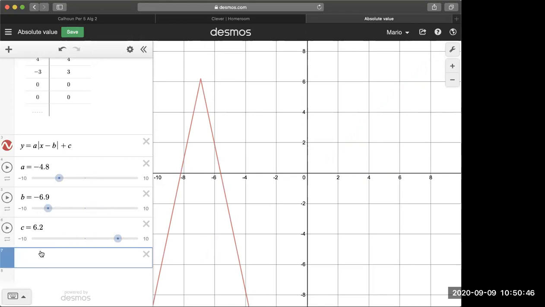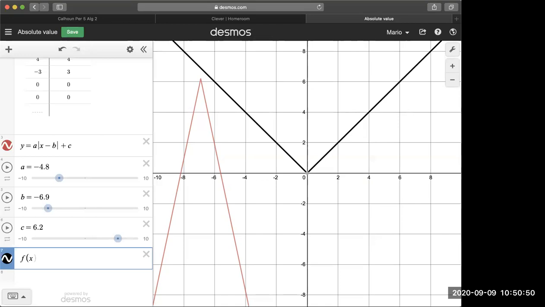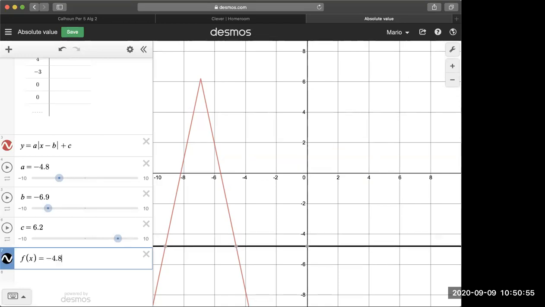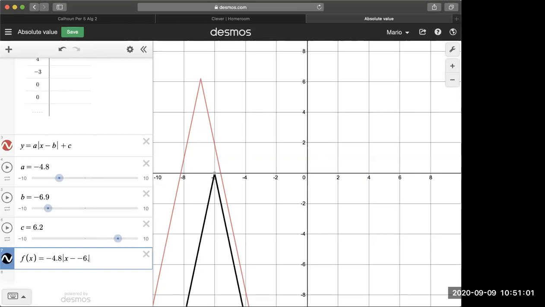Literally, you get the exact same thing, but it just has an absolute value.